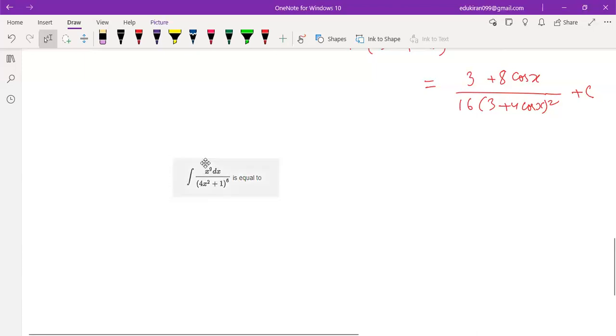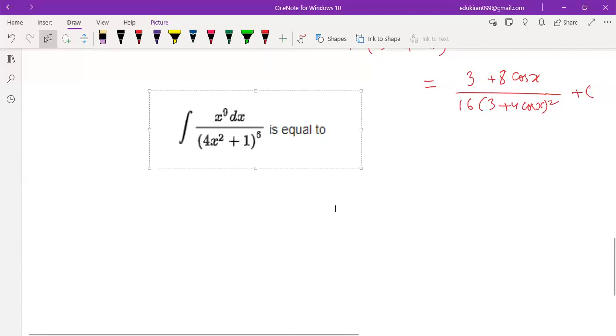Here you have to be quite reasonable while deciding what to substitute.